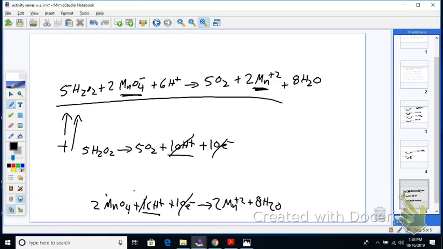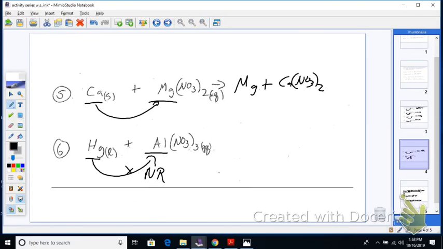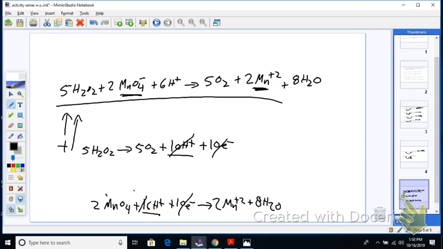So when we take a look at our information, I had 0.003 moles of this. You guys have something different, right?